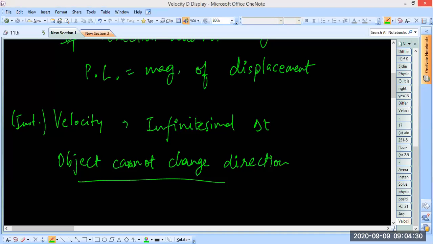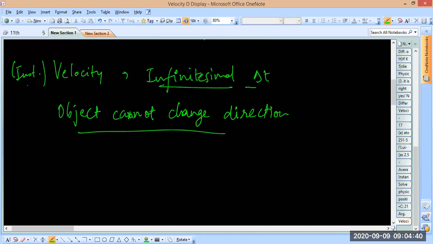Agreed, it does not take a lot of time, but it definitely cannot be done in infinitesimal time. So when we talk about instantaneous, we can always write that infinitesimal path length will be equal to magnitude of small displacement.